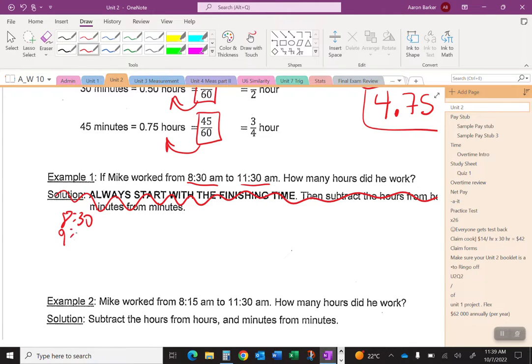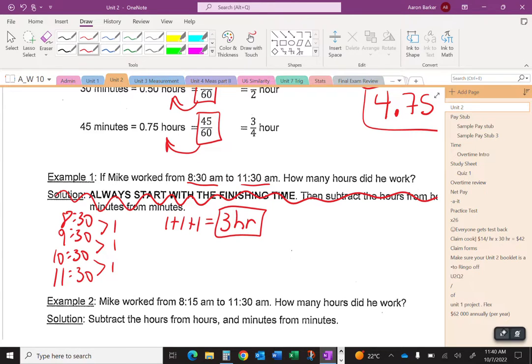From 8:30 to 9:30, he worked 1 hour. You can put up one finger. Then till 10:30, he worked another hour, so you can put up another finger. Then to 11:30, he worked one more hour. And then 1 plus 1 plus 1 equals 3. 3 total hours is what he worked.